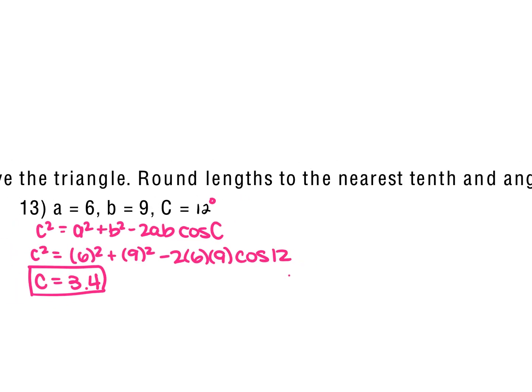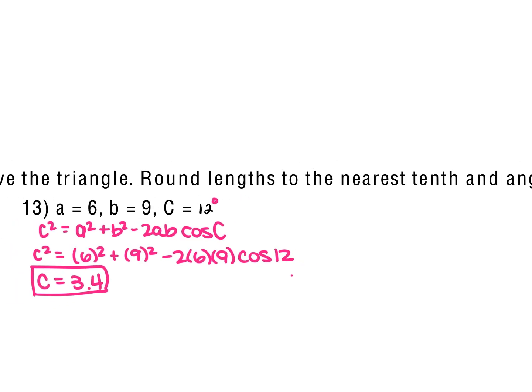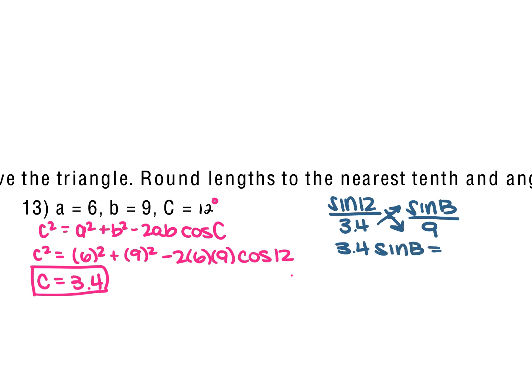Now that we have a side c and an angle C, we can use law of sines. So we're going to use law of sines with finding angle B, since that's the next largest side length. So with this, we're going to have sine 12 over 3.4 is equal to sine B over 9. Cross multiply, that's 3.4 times sine B is equal to 9 sine 12. Divide each side by the 3.4.